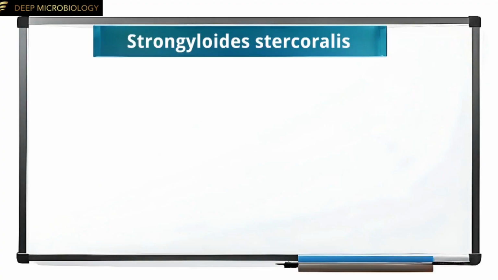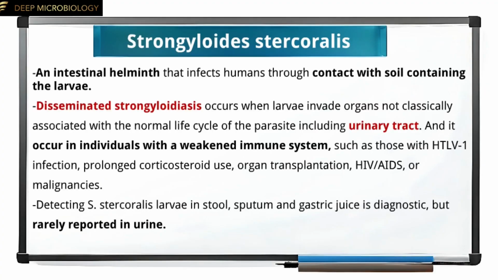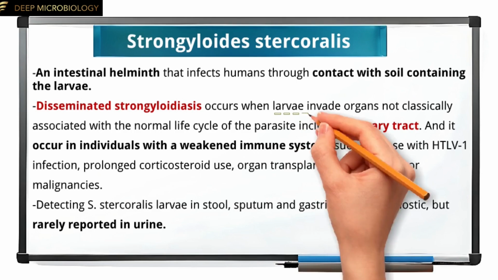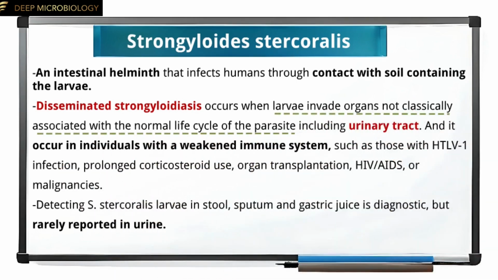5. Strongyloides stercoralis, an intestinal helminth that infects humans through contact with soil containing the larvae. Disseminated strongyloidiasis occurs when larvae invade organs not classically associated with the normal life cycle of the parasite, including the urinary tract.